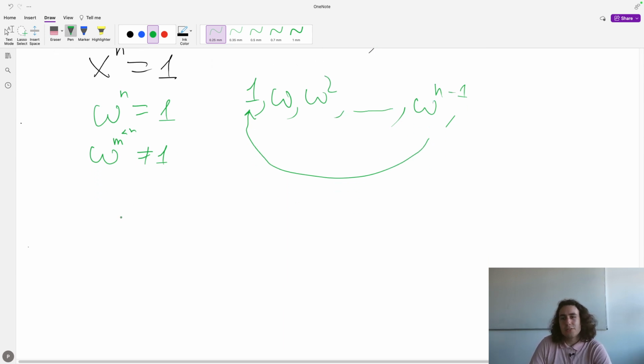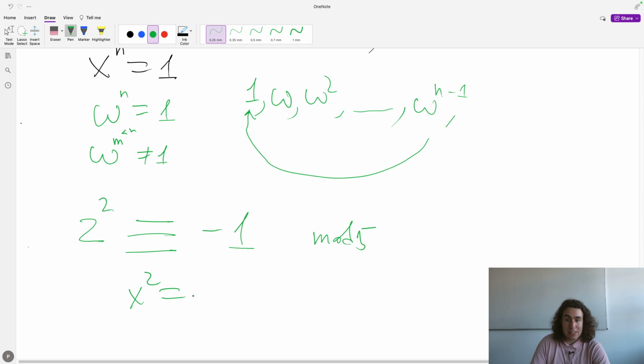For example, if we look at numbers modulo 5, mod 5, and we look at 2 squared, 2 squared is actually equal to minus 1 modulo 5. So actually the equation x squared is equal to minus 1, right, is solvable mod 5. It's 2 and minus 2. So in some way this number 2 is like number i, but mod 5.